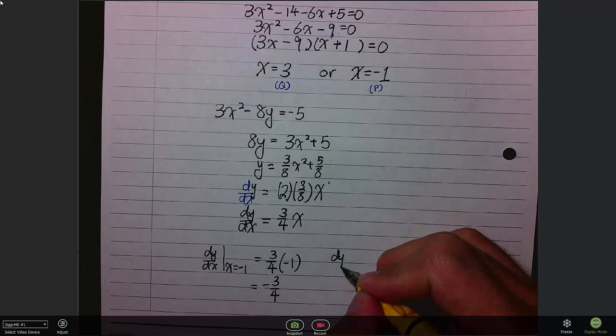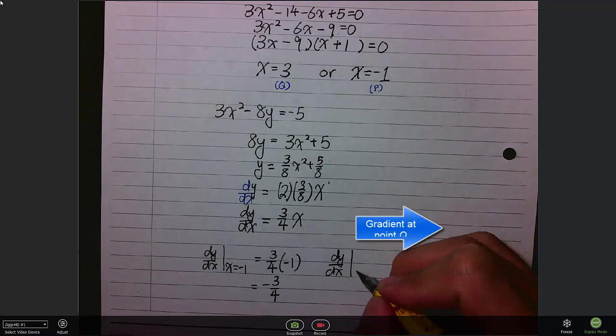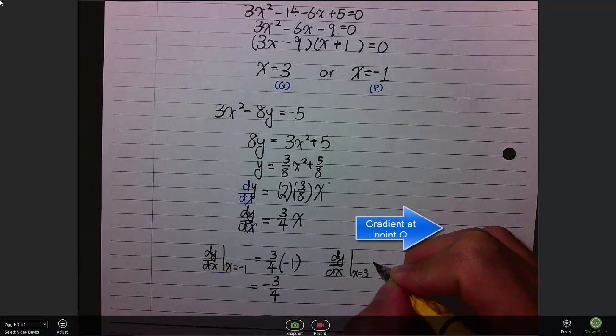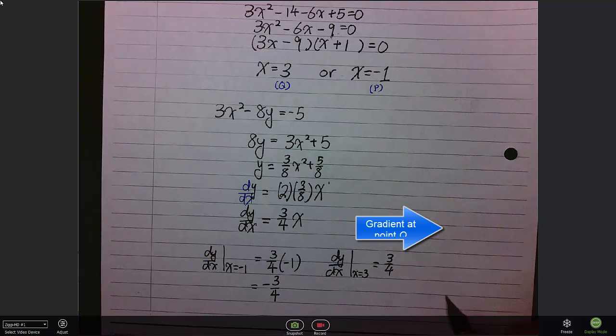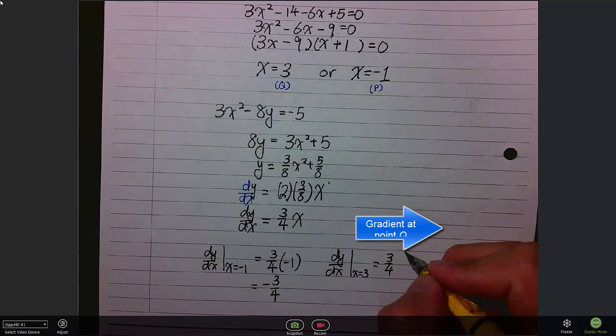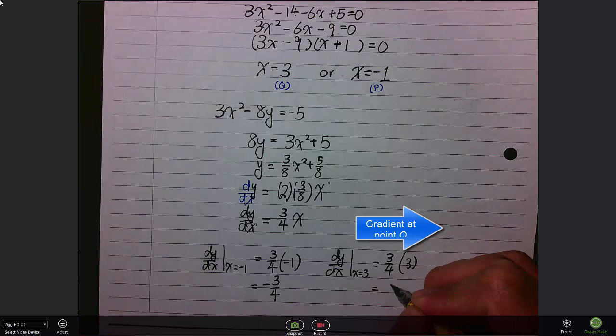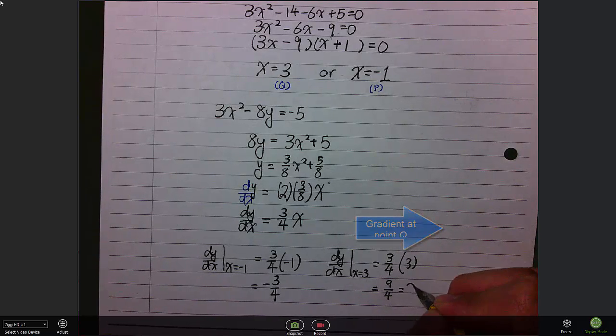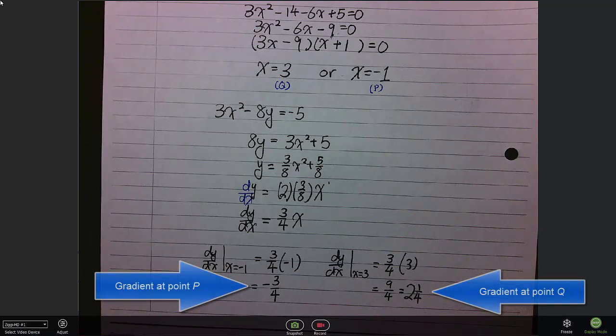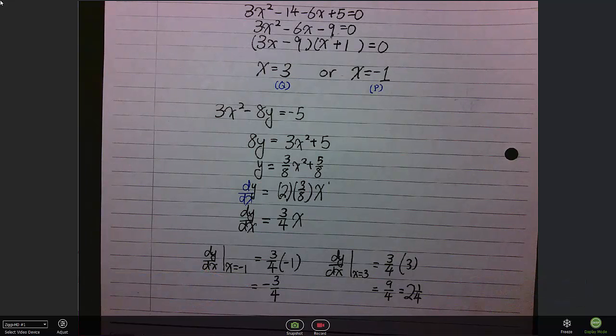Similarly at Q, my dy/dx, where x is equal to 3, I take 3/4 and substitute in the value of x equals 3. I will get 9 over 4, which is equal to 2 and 1/4. So the gradient at P is negative 3/4 and the gradient at Q is 2 and 1/4, as we have seen earlier in the Graphmatica video.